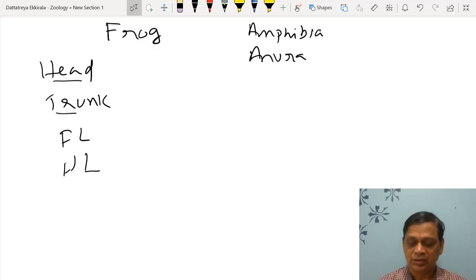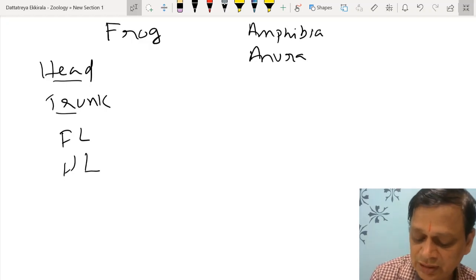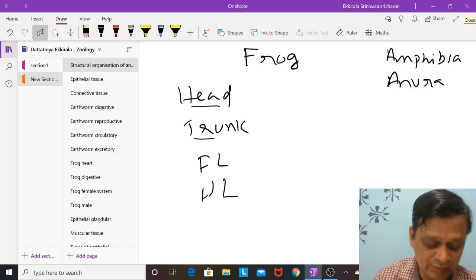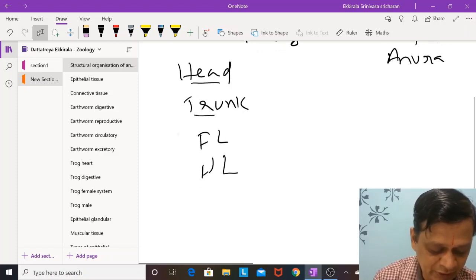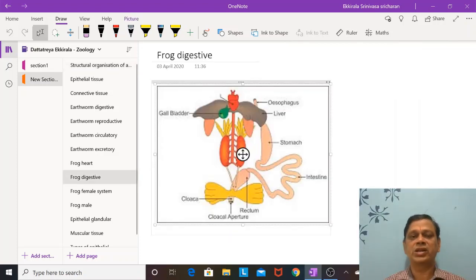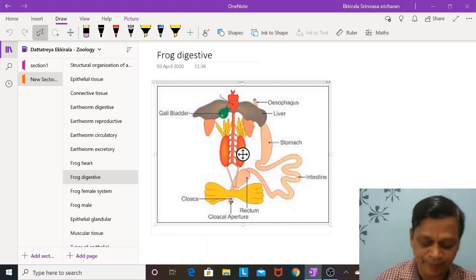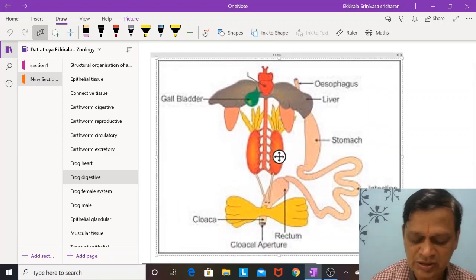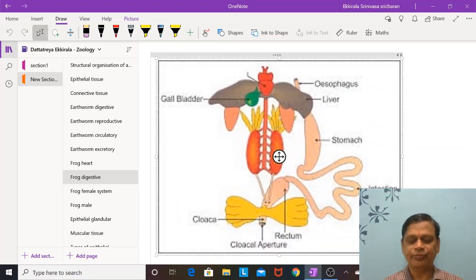So it is carnivorous, and as it is poikilothermic, not able to maintain constant body temperature, what it will be doing is going to hibernation or estivation when conditions are not suitable. Right. Then coming quickly through some of the systems, the digestive system.